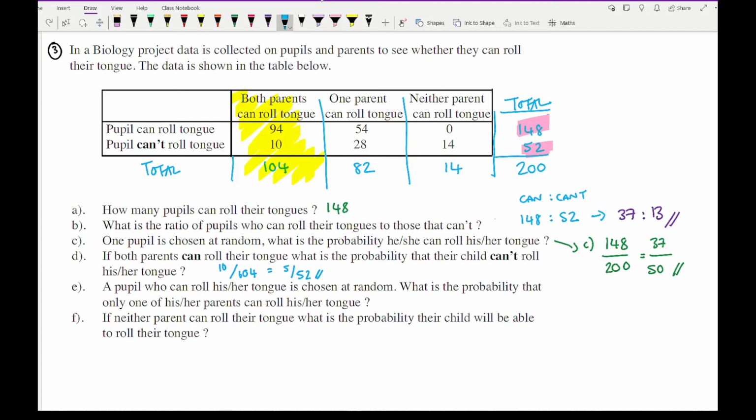For this, the decimal version would be 0.096153 and it carries on, or that would be 9.6% to one decimal place. So as long as you're using the correct form of rounding and the correct value, you should get marks whether you use decimal, percentage or a fraction. But again, a word of advice when dealing with probability, try and keep to fractions, or the next one is going to be a decimal.